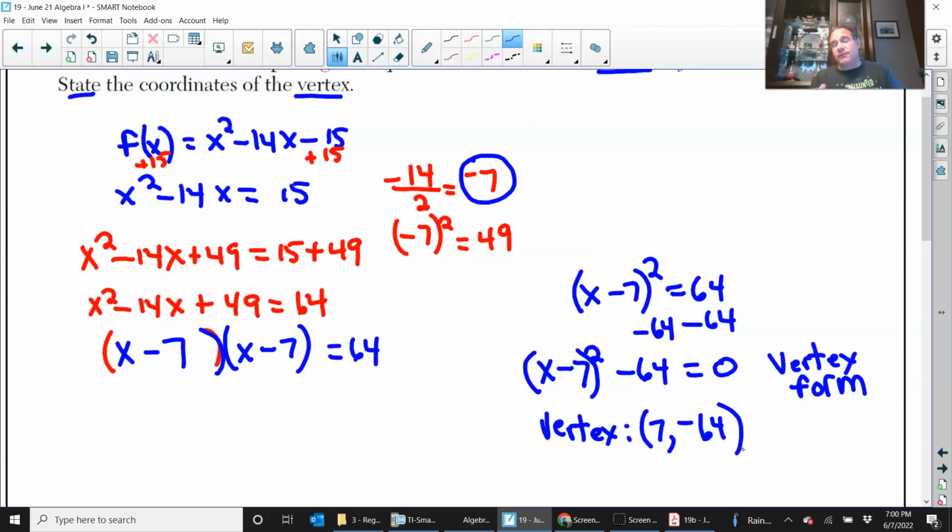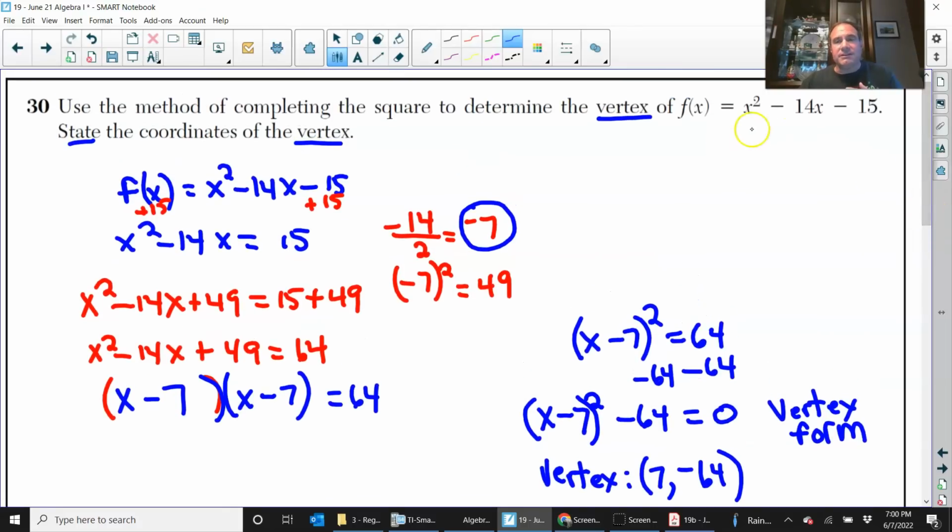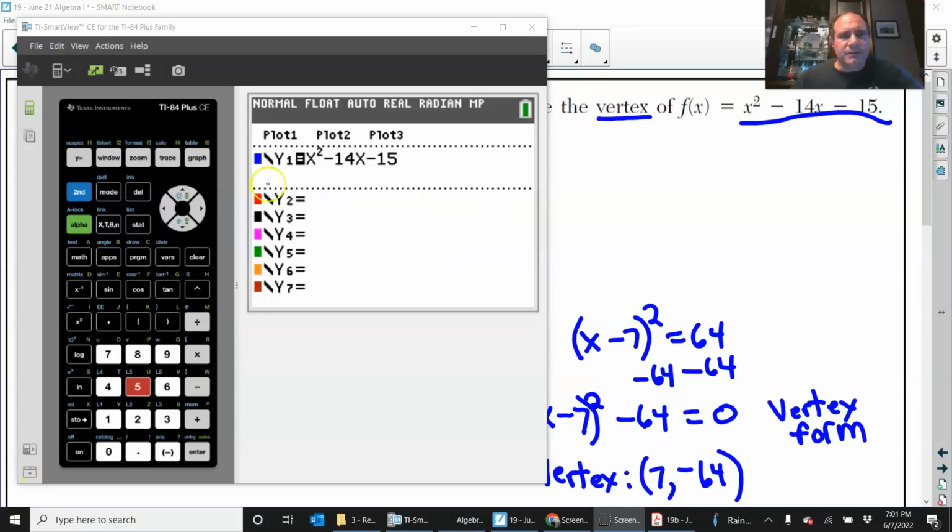So that's your vertex. If you are stuck right here, if you want to check to see if your vertex is correct, you put this directly into your calculator and you can see exactly what the vertex is, right? To see if you're correct. And I'll do that quickly. So I put this into the calculator.